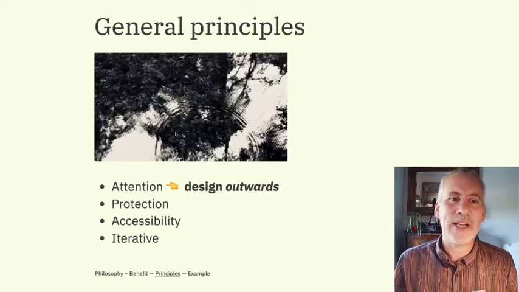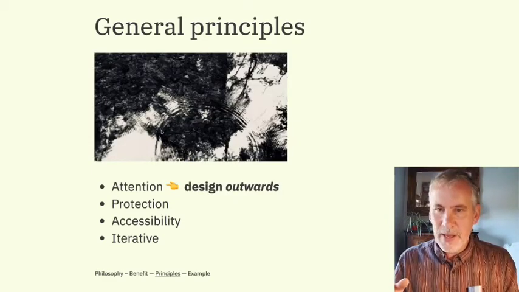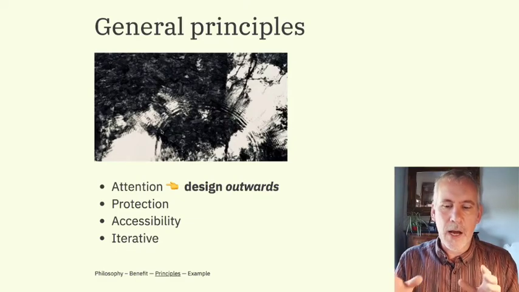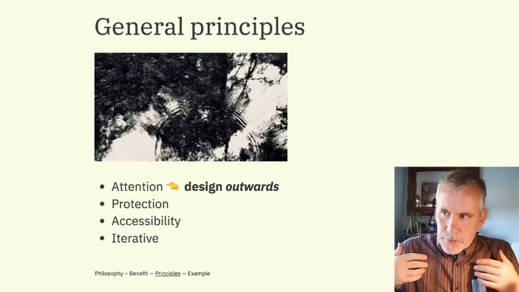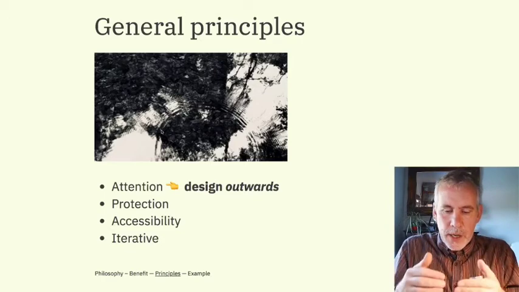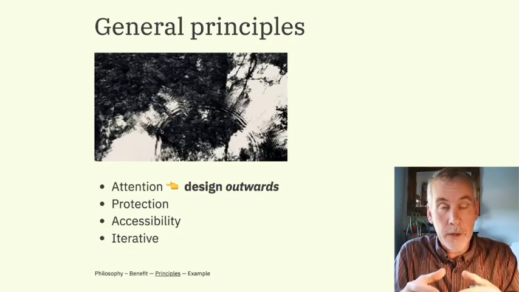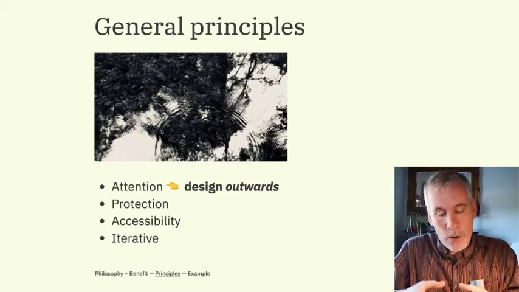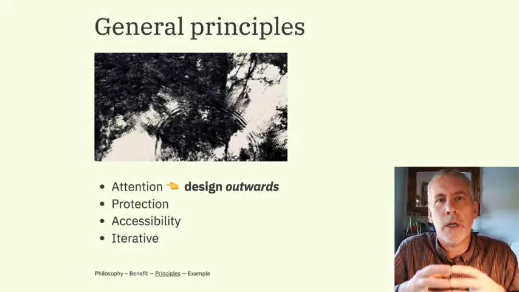Okay, and then protection. Oh, attention, design outwards, and this is a really, really important thing, I think, that I have only now, like 5 years after starting Forest Garden, realised: you design from the centre of whatever it is that you're focusing on. So you design outwards. You start with the bit nearest the house, and this is the idea of permaculture where you're zoning.